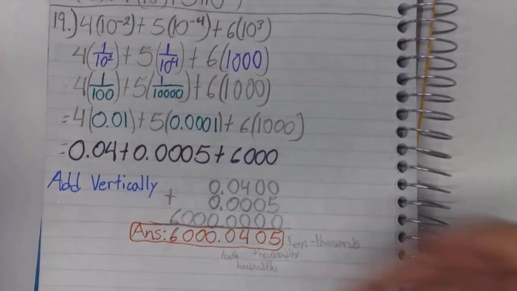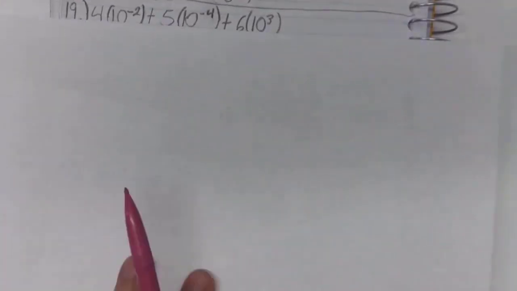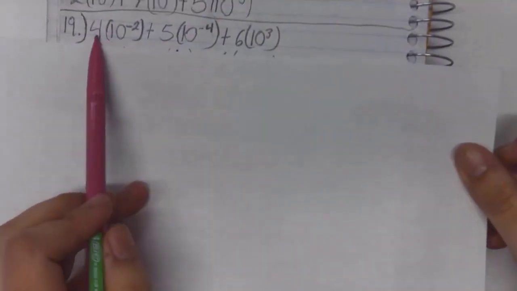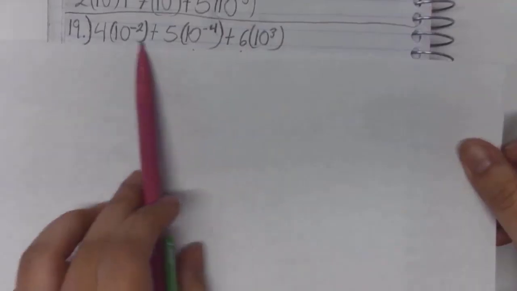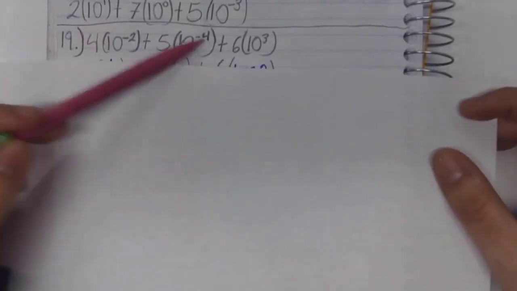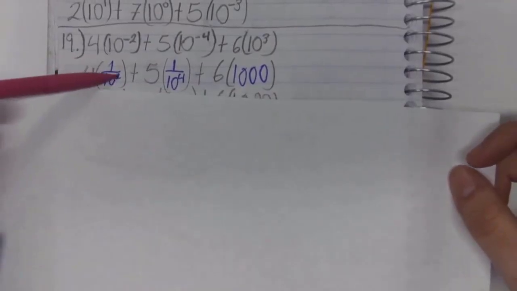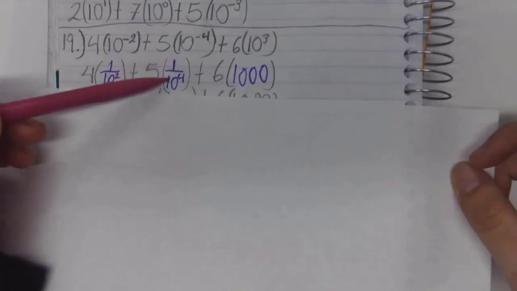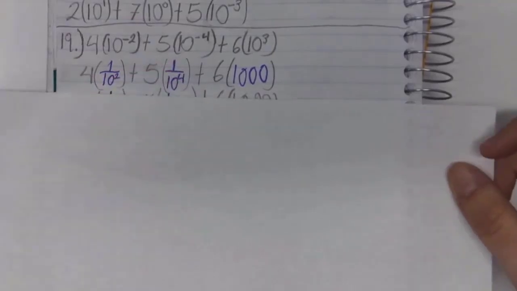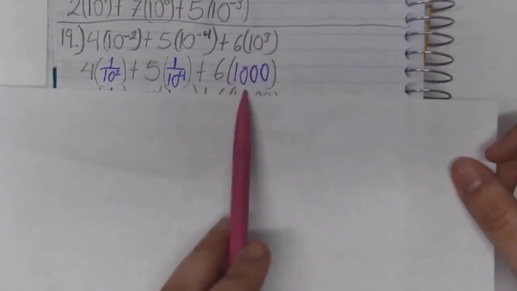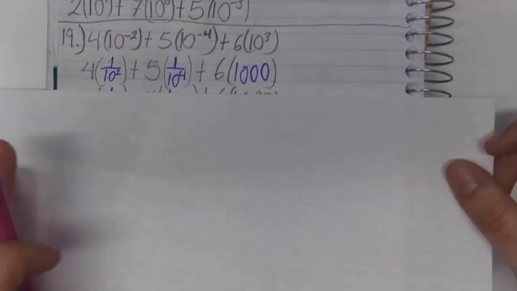Hello, my name's Jasmine. What I started with was writing down the question it gave me, and then since I noticed these two exponents are negative, I turned them into 1 over 10 squared and then 1 over 10 to the fourth. And then since this one isn't a negative, I just turned it into 1,000.